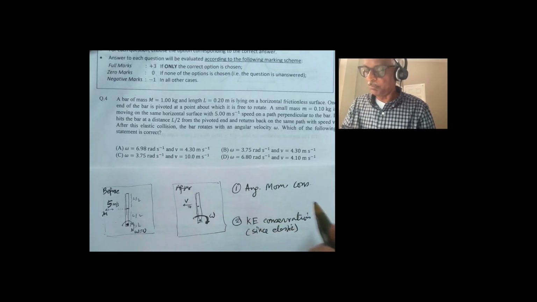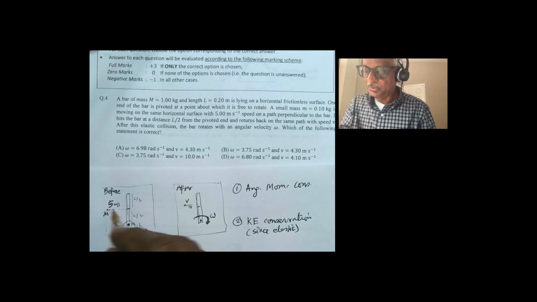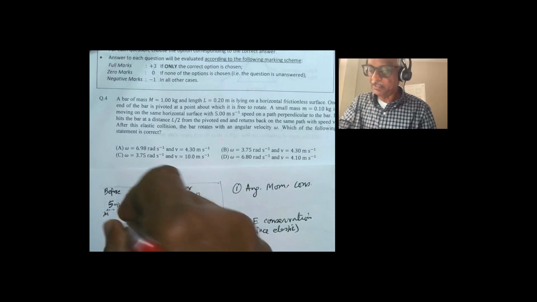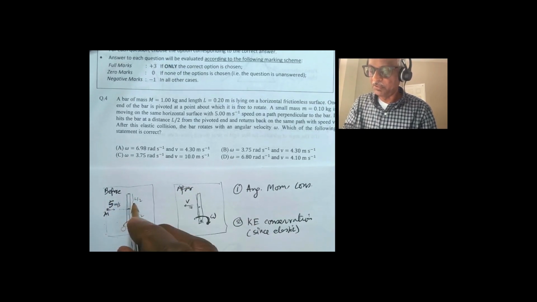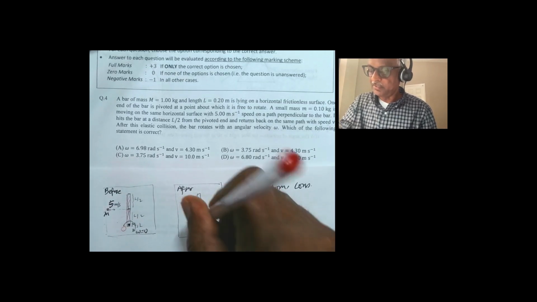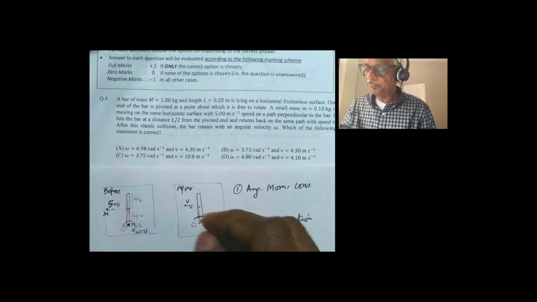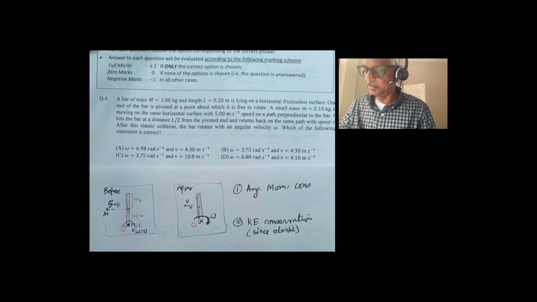So I need to set up 2 equations. If you want to do angular momentum conservation, you need to know, if the axis comes out like that, what the angular momentum of this ball is before the collision. Of course, the angular momentum of the bar will be 0. Then we want the angular momentum formula for the bar about this axis.